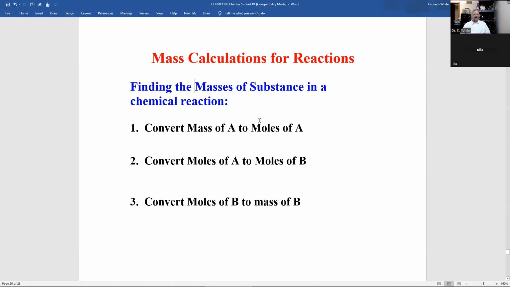In step one, whatever you're given in weight, A, you convert to moles of A. In step two, using the balanced chemical equation, what we just practiced, you convert moles of A to moles of B. And finally, in step three, which we've already practiced, you go from moles of B to mass, meaning grams of B.